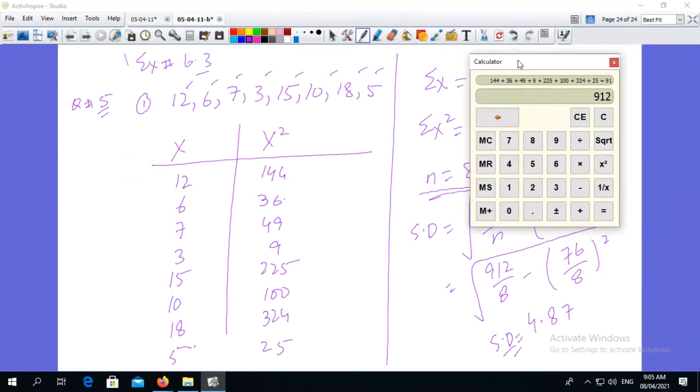We have 912 divided by 8. The answer is 114. 114 minus the square of 76 by 8, which is 90.25.